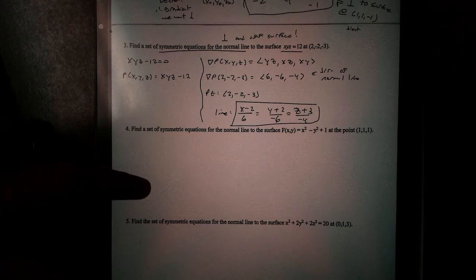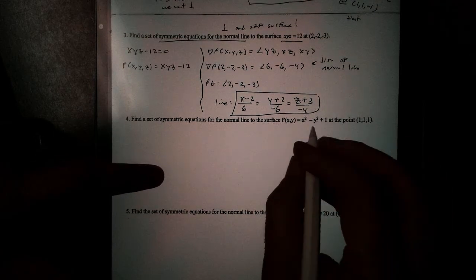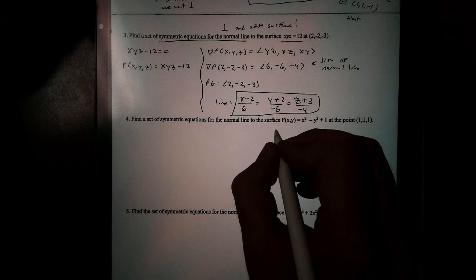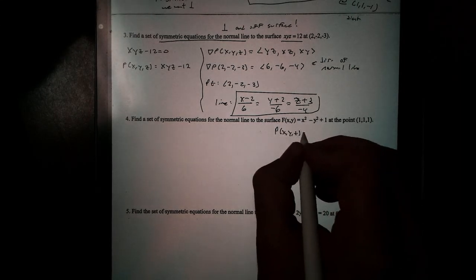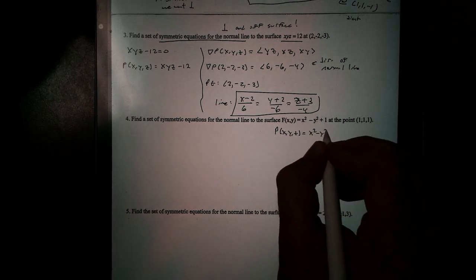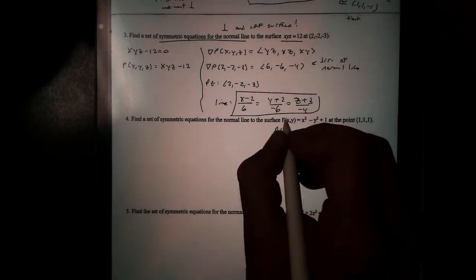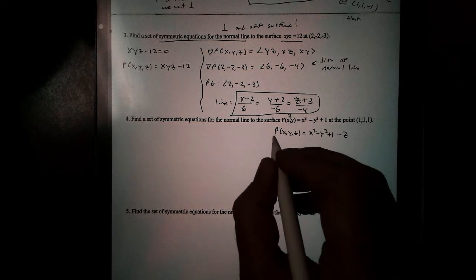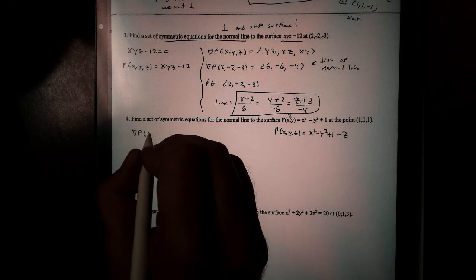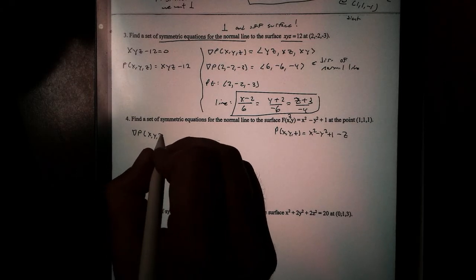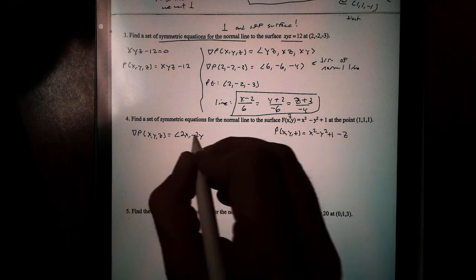So let's take a look at the last one here, because this is just kind of the same thing. Our new function p of x, y, z would equal x squared minus y squared plus 1 minus z. You can remember this is going to be z. To find our gradient of p, we would get 2x, negative 2y, negative 1.